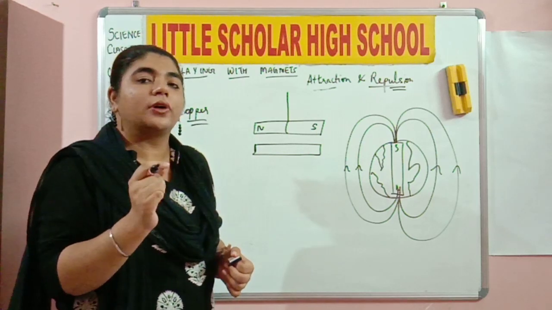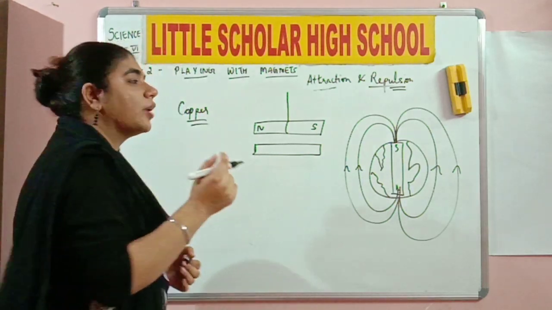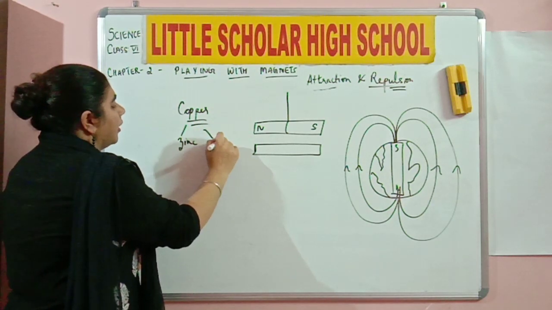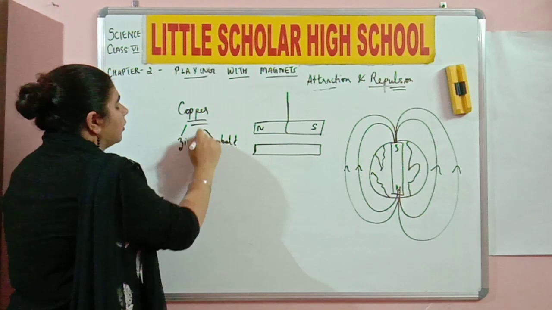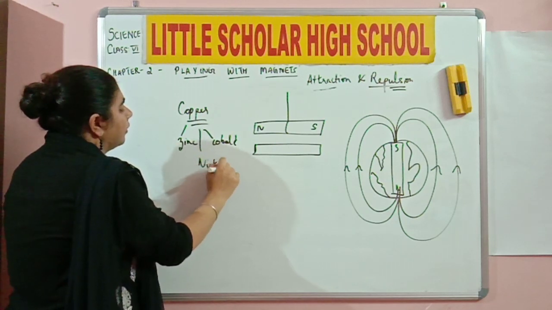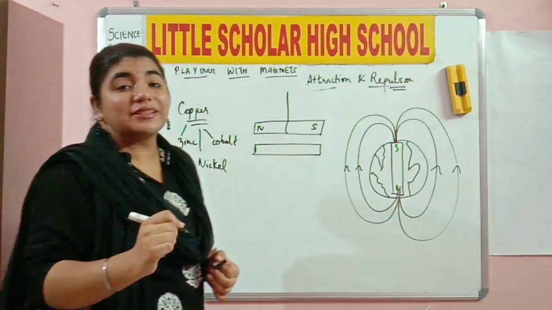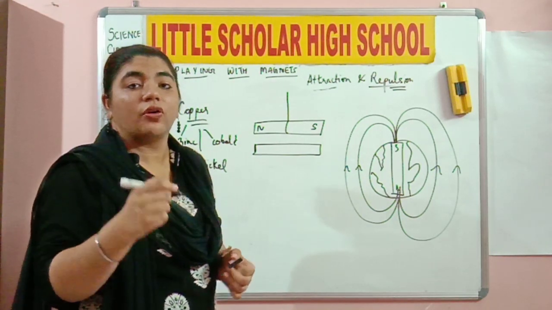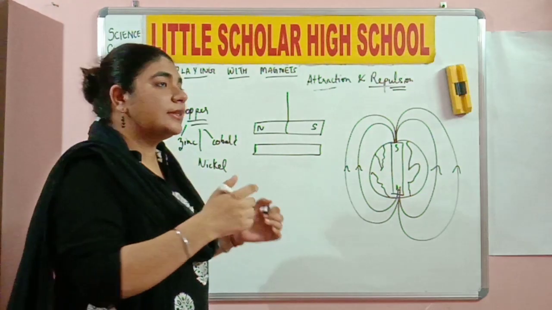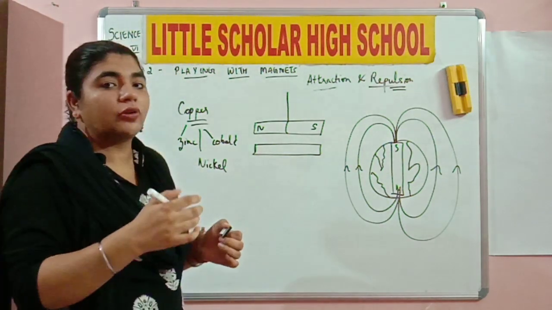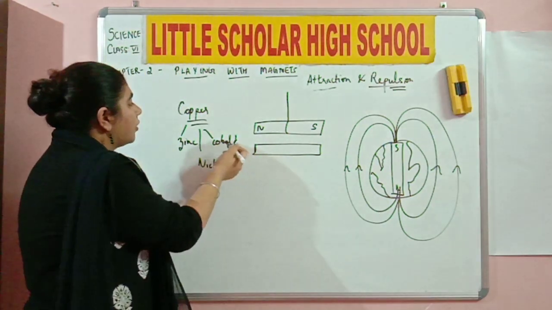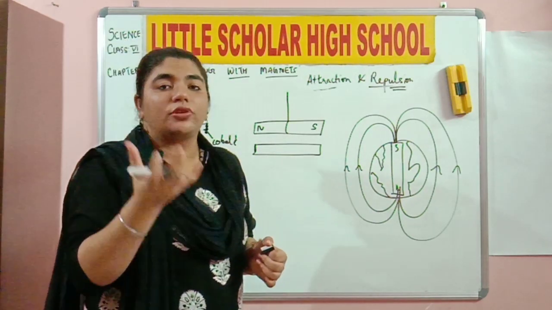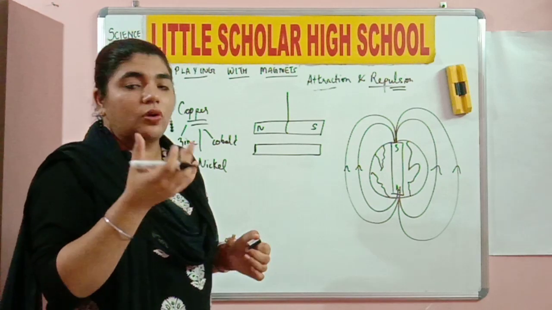You need to mix copper with certain traces of zinc, cobalt, or nickel. When you mix copper with any of these materials, like cobalt or nickel, the resultant product that you get is called an alloy.